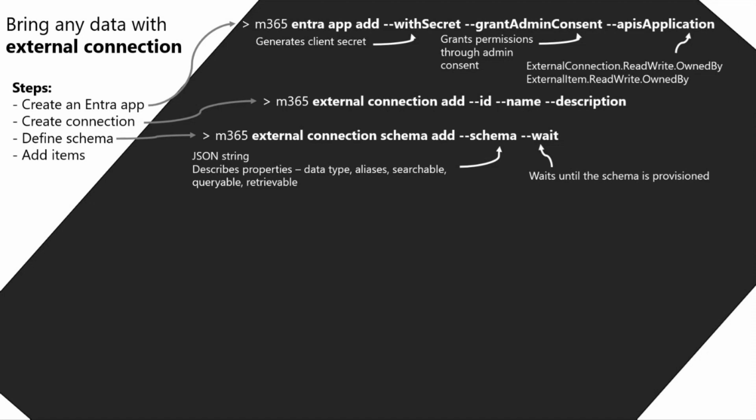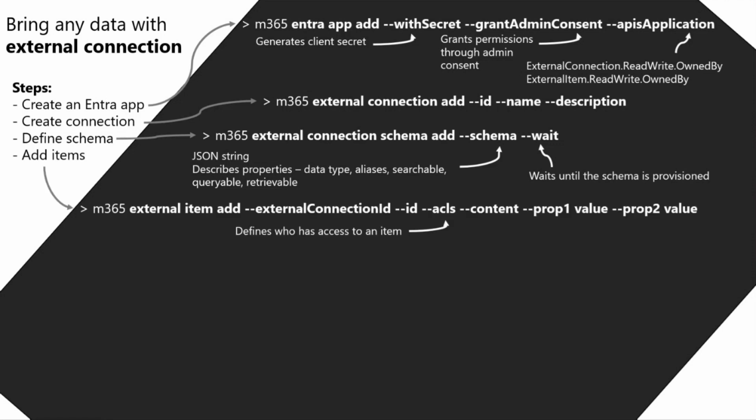Each property has its name, data type, aliases, labels. You declare which properties are searchable, queryable, retrievable, etc. But creating a schema is a long-running operation, and it usually takes several minutes until the schema is provisioned. And with the wait option, the command will periodically check the status and finish once the schema is provisioned.